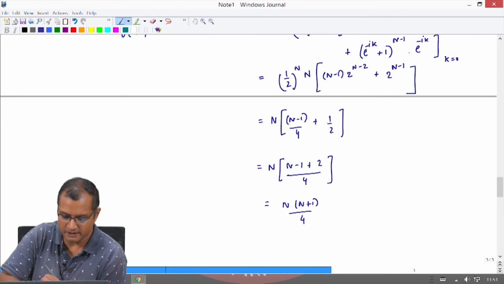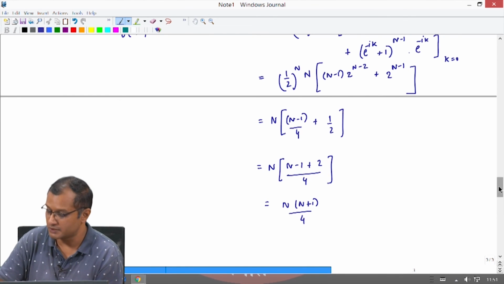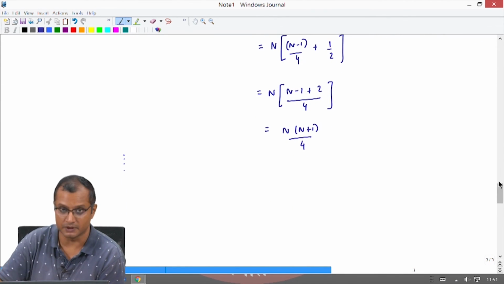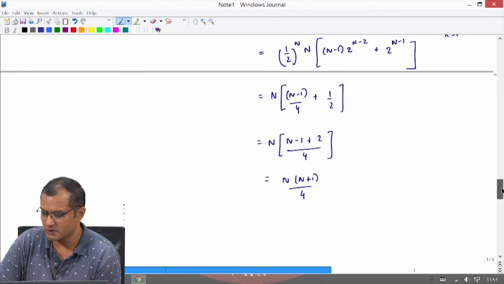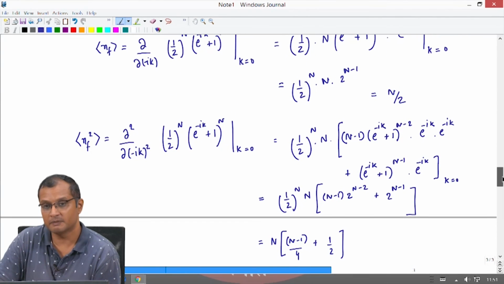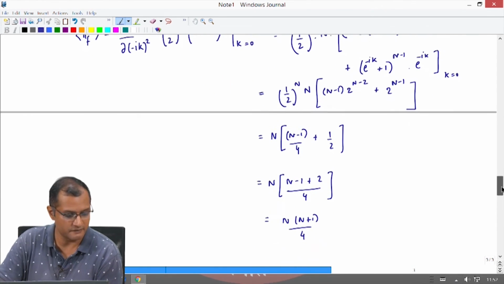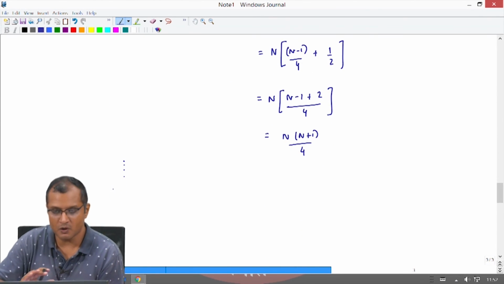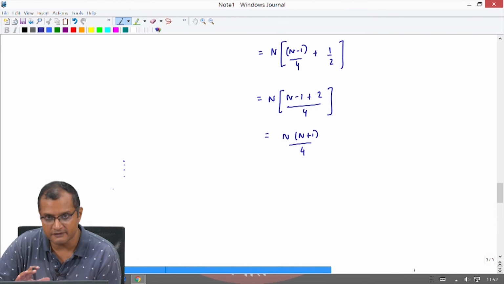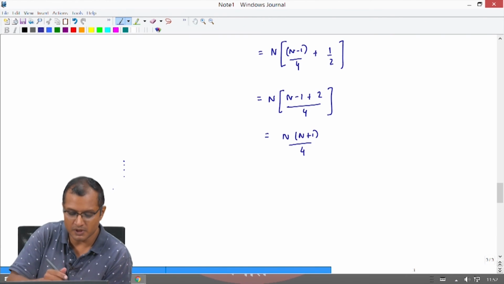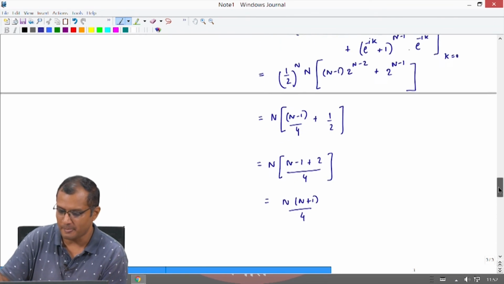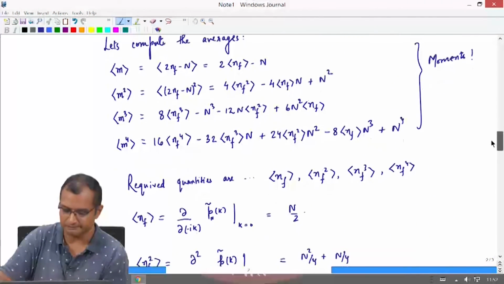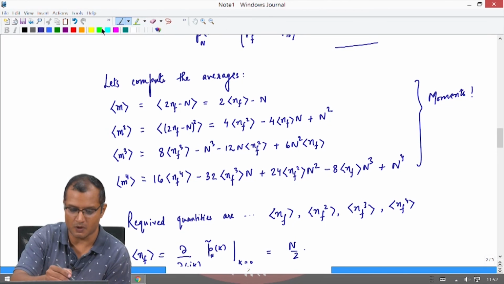So, I am leaving the other two moments to be calculated by you. It is a straightforward derivative, the only thing is it becomes tedious. So, I am going to leave this as an assignment. Eventually, when you plug all these moments of the forward displacements, nF, into the expressions for m, which is here. Okay. So, let me box this.